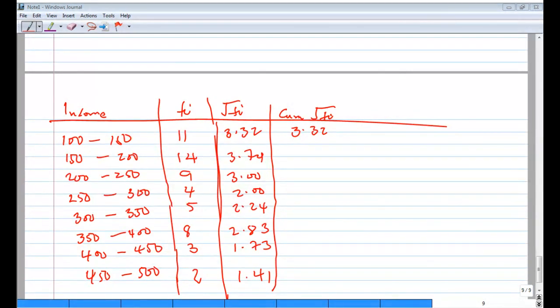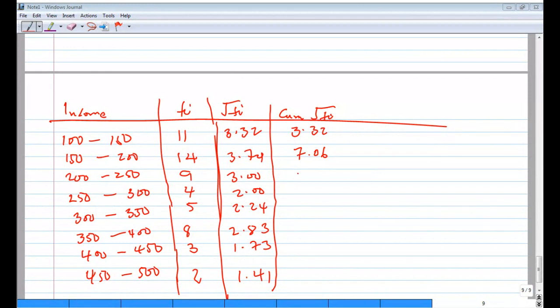It must give you what? 7.06. Let me just check. It's 3.32 plus 3.74. 7.06, yeah. This is how they got it. So it's 7.06. Then the next one, they add 3.32 plus 3.74 plus 3.